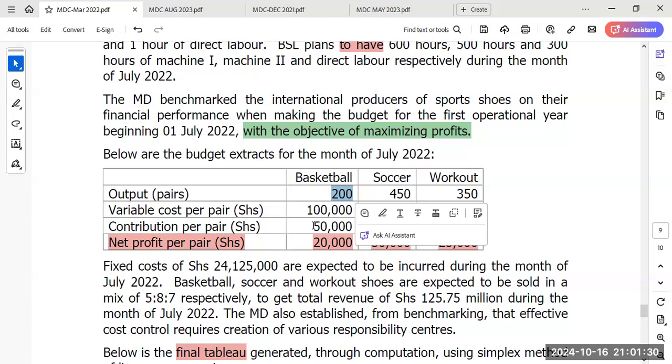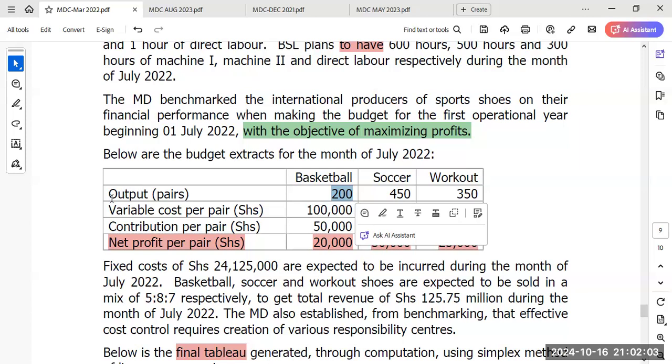Because remember, the aim is to see how many pairs can you produce to maximize the profit. What we are trying to find out using this simplex method is how many pairs of basketball shoes, how many pairs of soccer shoes, how many pairs of workout shoes this company can produce to maximize profit.